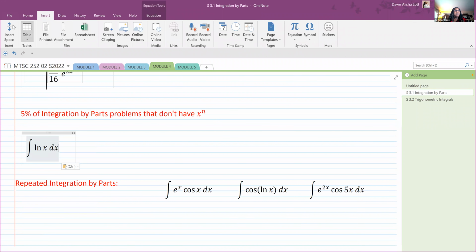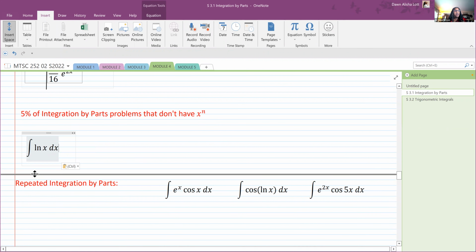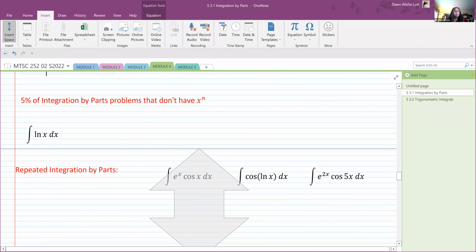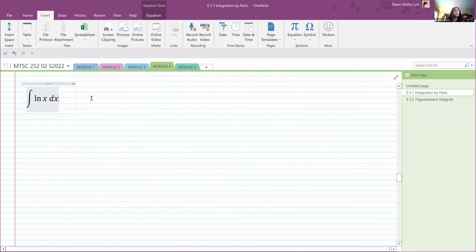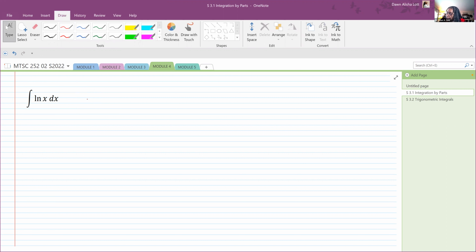Okay. So this is in that 5% of the problems where we have to use u as log x, because the only thing dx can be is dv. So by process of elimination for this problem, we're going to let u equal the natural log of x, and dv has to be dx.